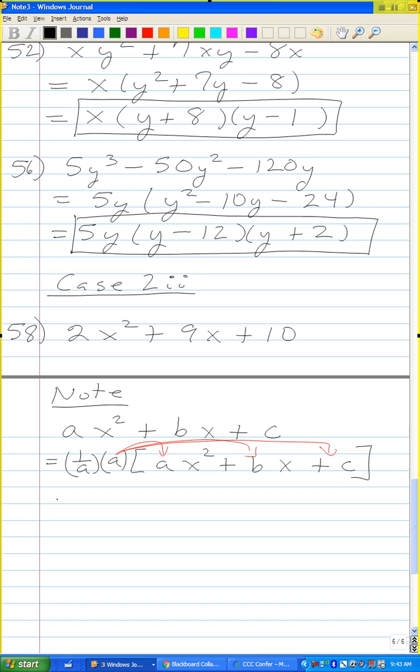And so this becomes 1 over a squared times x squared plus abx plus ac. And so this is 1 over a times, let me group the a's and the x's together. So this is ax quantity squared.